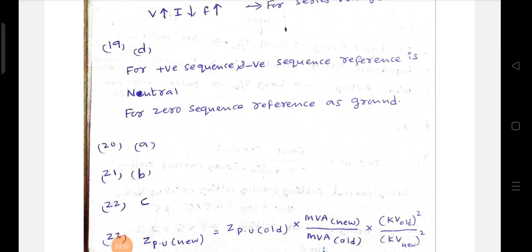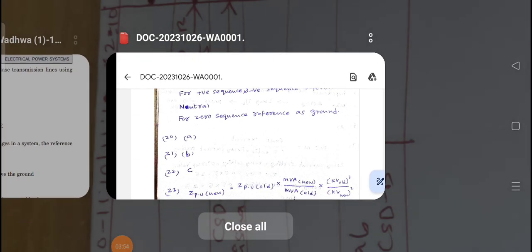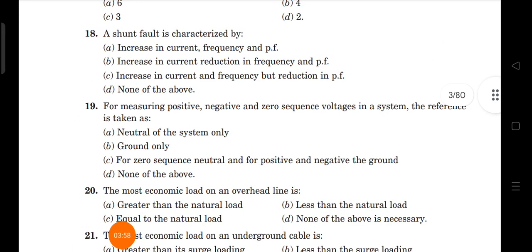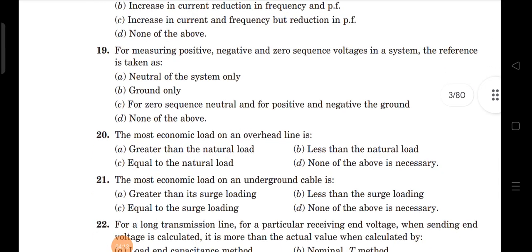For zero sequence, the reference is taken as ground. Now see the options. Neutral of the system only, that is not correct. Only ground, B, is also not correct. For zero sequence, neutral, that is also not correct, right? For zero sequence, ground is required, and for positive and negative, neutral is required. C is also not correct. That means the fourth option is correct.